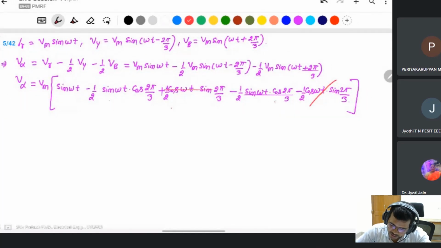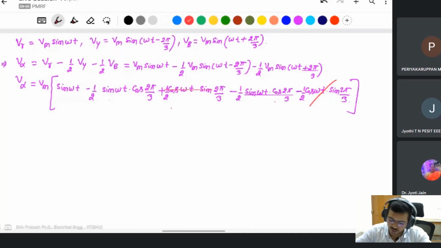This value will be the same. The cos 2 pi by 3 means cos 120 degrees. Cos 120 degrees is minus 0.5. Same thing, cos 240 degrees is also minus 0.5.